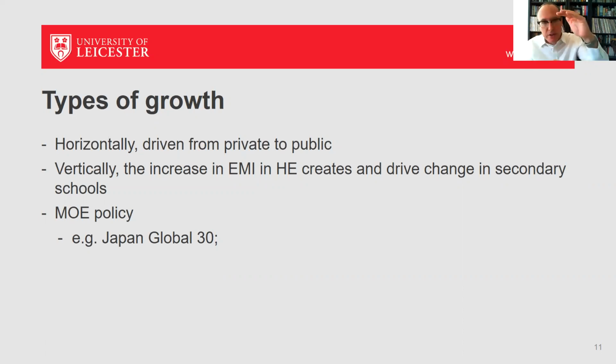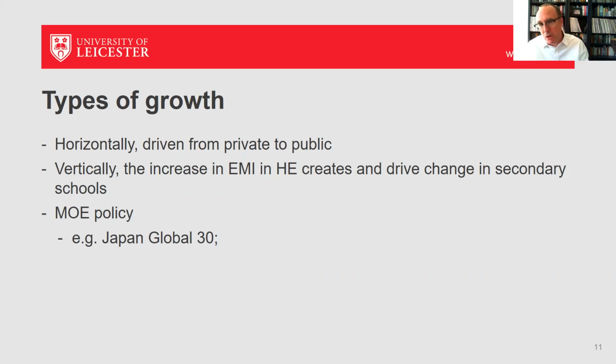There's also vertical growth as well. So the increase in EMI at an HE level is creating demand at a secondary school level to prepare students for EMI. And then you see it, as I say, in the big policy planning, Ministry of Education level initiatives, like Japan's Global 30. There's a whole raft of them.